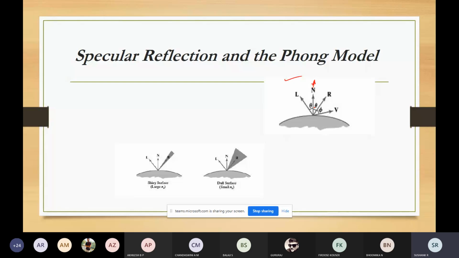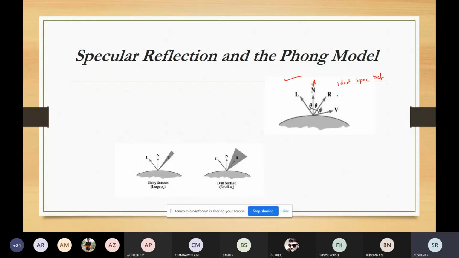So you can see the angle theta. Here this is the unit normal surface vector, which is represented by n. R represents the unit vector in the direction of ideal specular reflection. Every vector here is a unit vector.